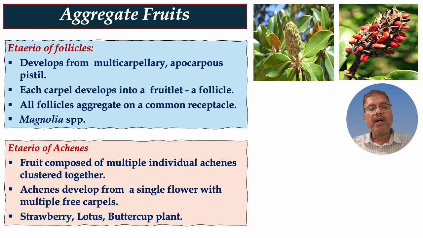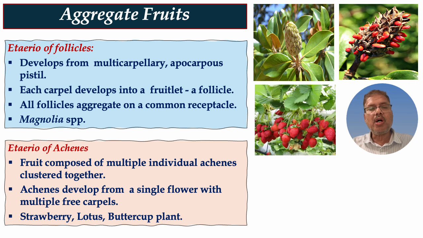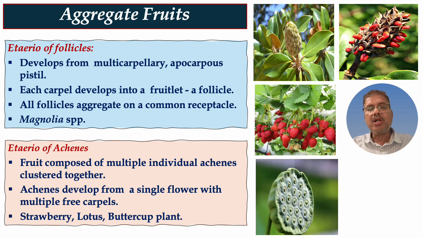Etaerio of achenes is an aggregate fruit composed of multiple individual achenes clustered together. These achenes develop from the pistils of a single flower with multiple free carpels.